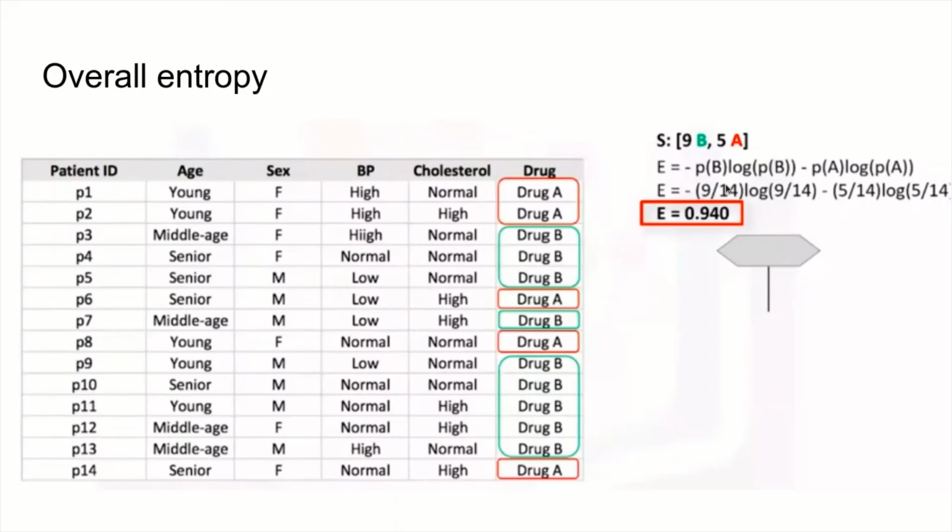And we multiply it by the logarithm base 2 of that value, and we subtract the probability of obtaining A multiplied by the logarithm base 2 of the probability of obtaining A, which is 5/14, because there are 5 people for which drug A was recommended. There are 14 in total. Is it clear? This looks a little bit messy, but it's quite simple. Just a lot of calculations that a computer can do.